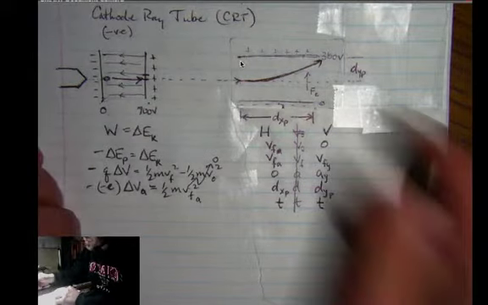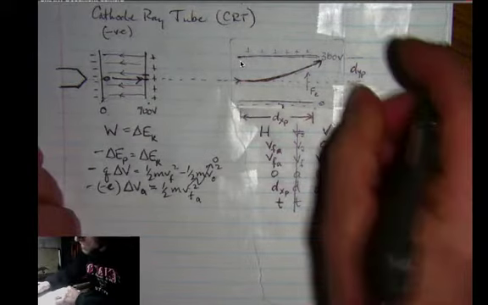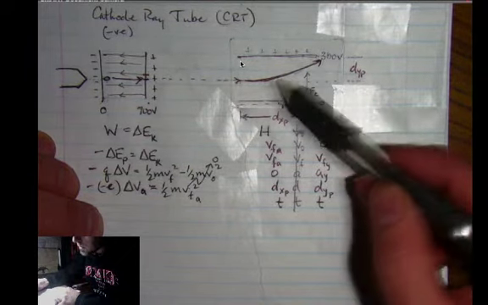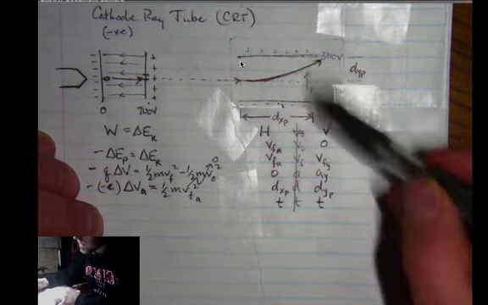Now we're going to be looking for dependencies that each of these variables have on what's going on between these two plates. Now, just speaking of this before we get into equations, the acceleration here is going to be dependent on the force that this charge incurs as it moves between these two plates.